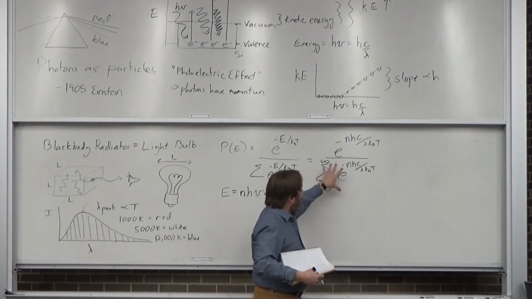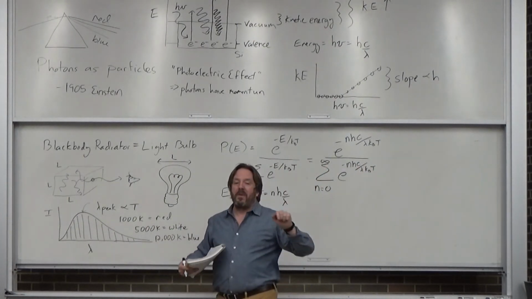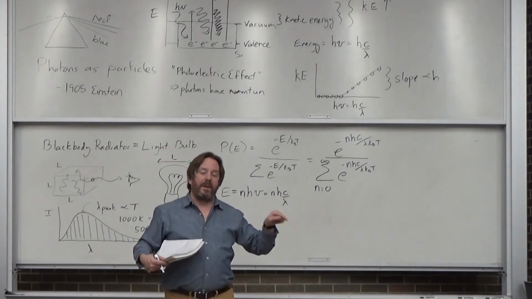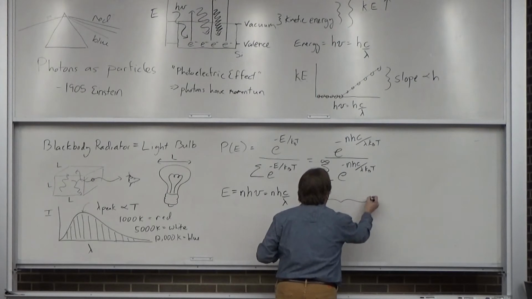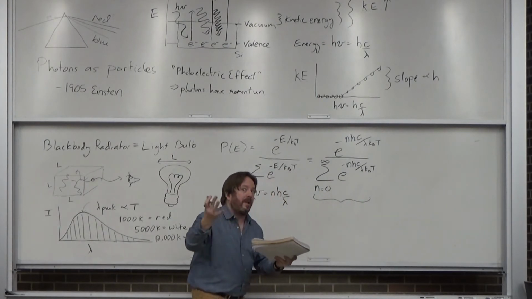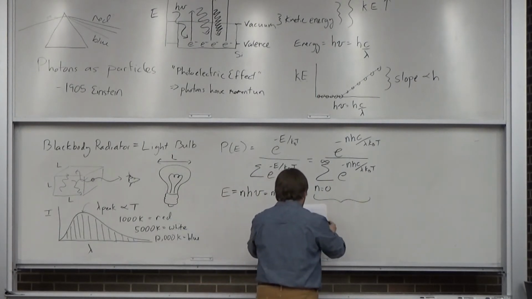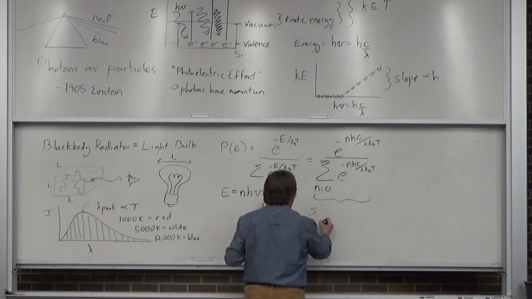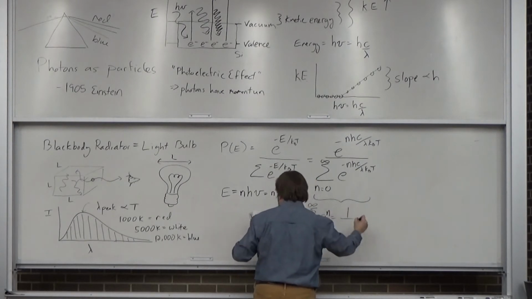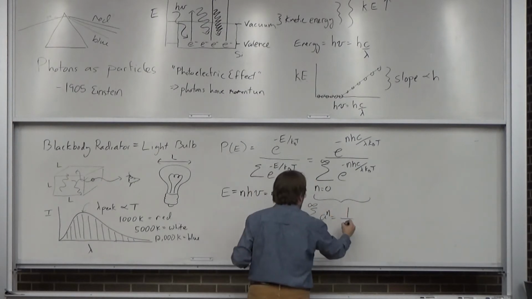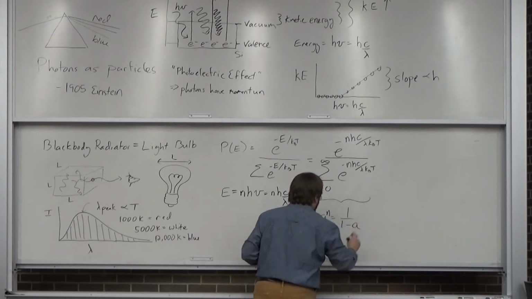Here, actually this is easier than the Maxwell-Boltzmann deal because here's what I find online. I find an identity that doesn't require an integral, right? So that's better. Here's the identity. It is the sum of n equals 0 to infinity of a to the n, and that is equal to 1 over, I better actually look at my notes sometimes, 1 minus a.